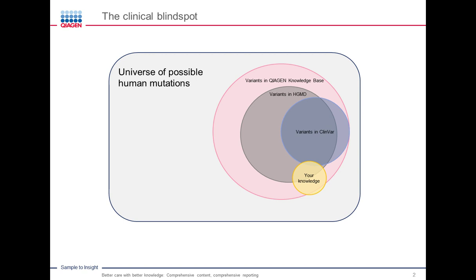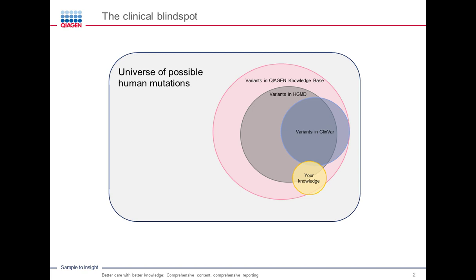To that end, I want to just throw out some numbers. QIAGEN has acquired several companies, including Ingenuity, BioBase, CLC, and more recently, Omicsoft. And in aggregate, these organizations now have over 13 million knowledge base findings. We aggregate data from over 30 different data sources across 20,000 disease classes.